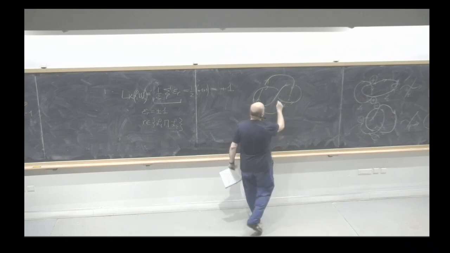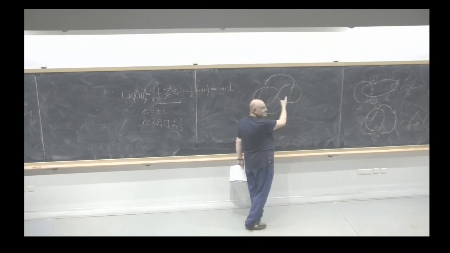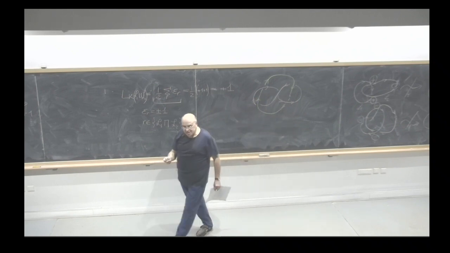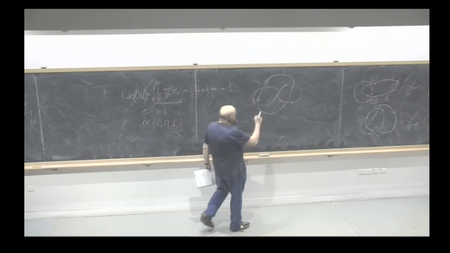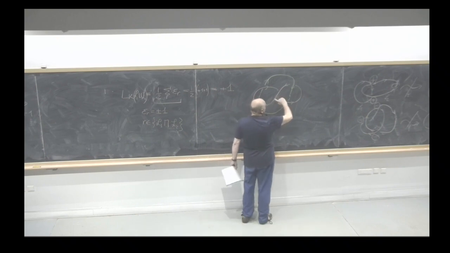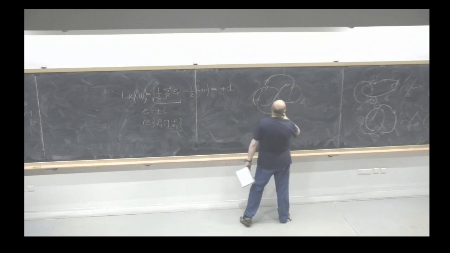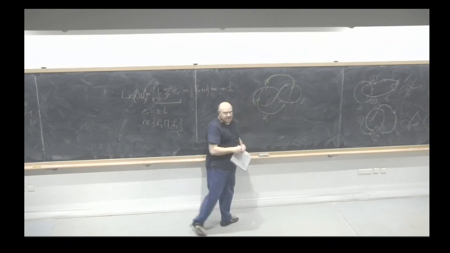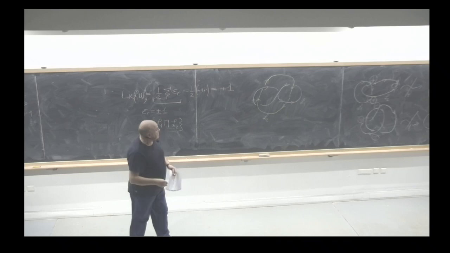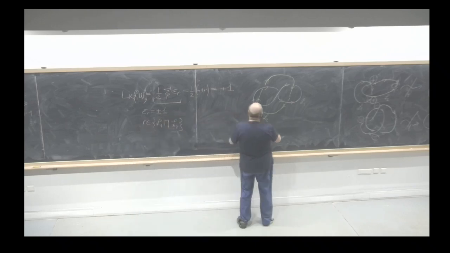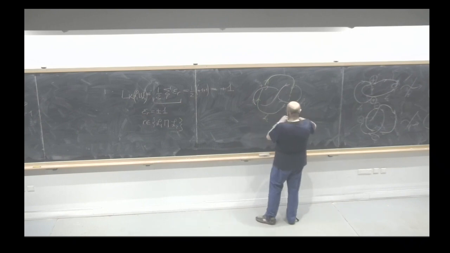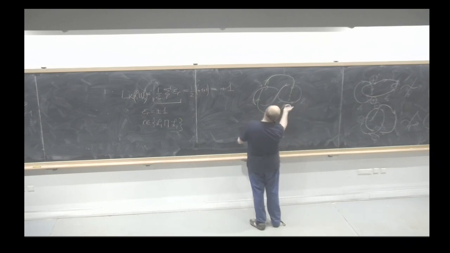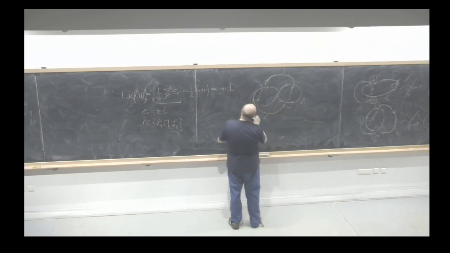Now, pay attention. Here we have an apparent self-intersection, an apparent crossing between one strand of, say, L1 and the other strand of L1. And so that doesn't count towards the linking number. And then I do my little work here. Here is a plus, and here is a minus, and here is a minus, and here is a plus.